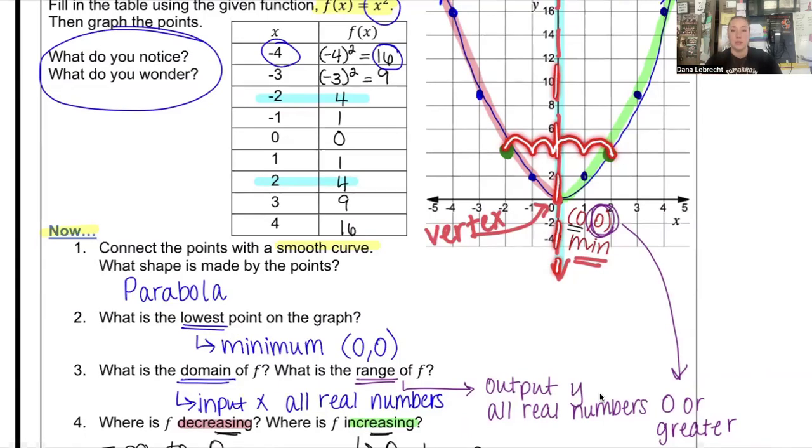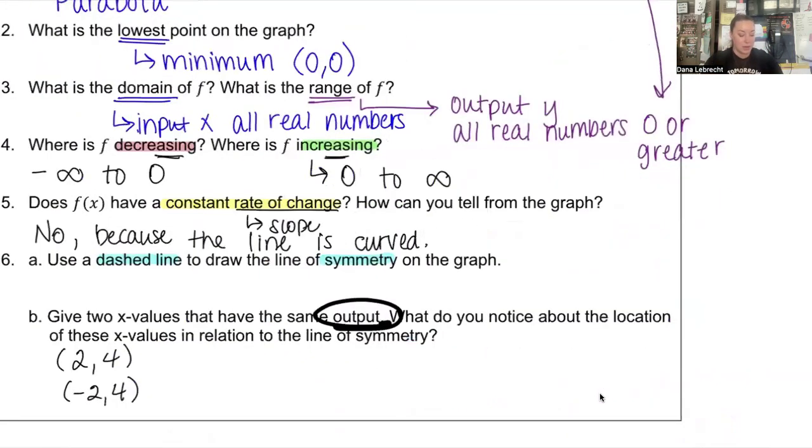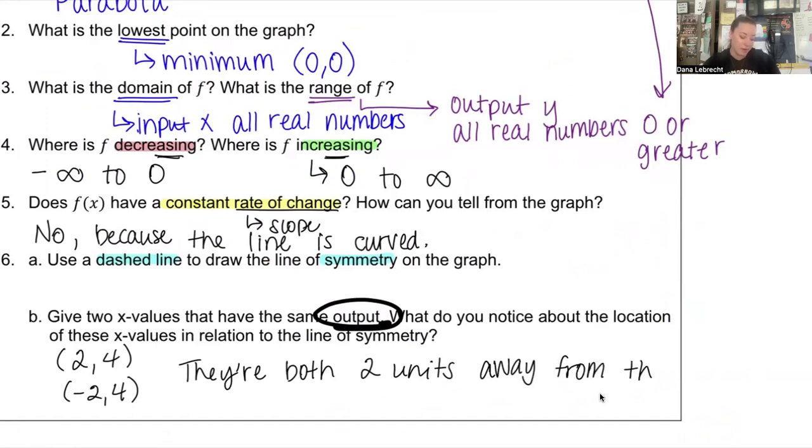Which is why we have symmetry. They're the same distance on both sides. So we could say they're both 2 units away from the line of symmetry.